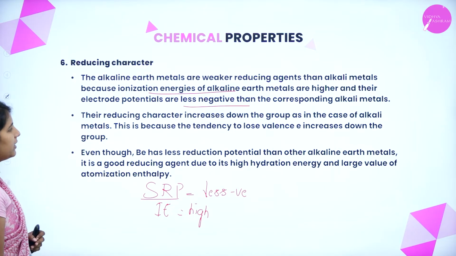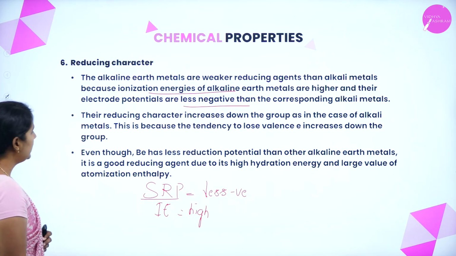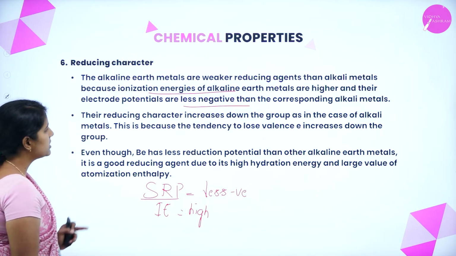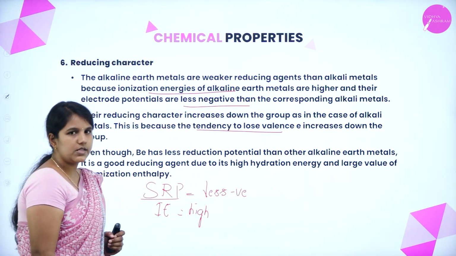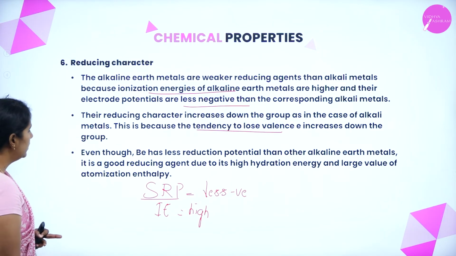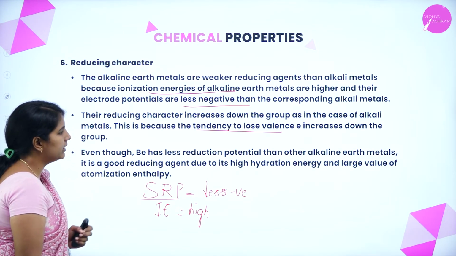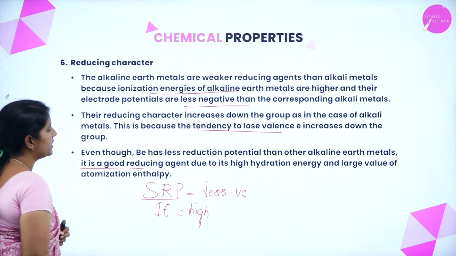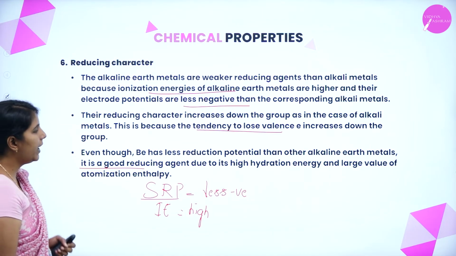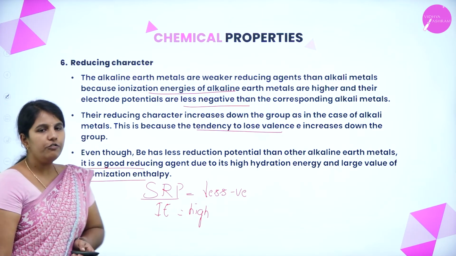Their reducing character increases down the group, as in the case of alkali metals, because the tendency to lose the valence electron increases down the group. So even though beryllium has a lower reduction potential than the other alkaline earth metals, it is a very good reducing agent due to the high hydration energy and high value of atomization energy.